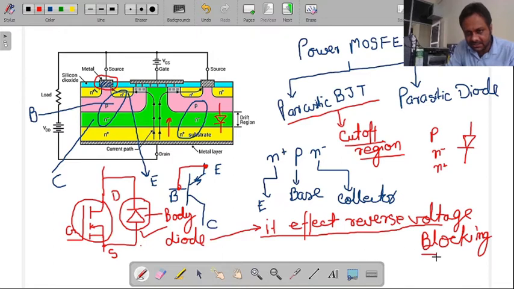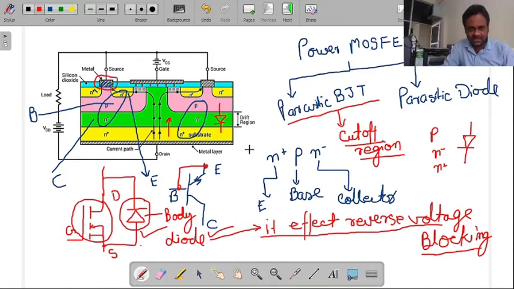So our power MOSFET is never going to block the reverse voltage. In other words, the power MOSFET doesn't have reverse voltage blocking capacity. It will block the forward voltage, it will conduct in the forward side, but it will never block the reverse voltage because of this body diode.